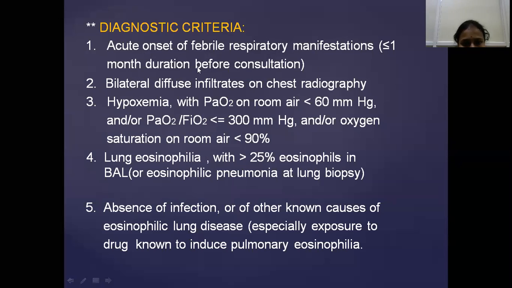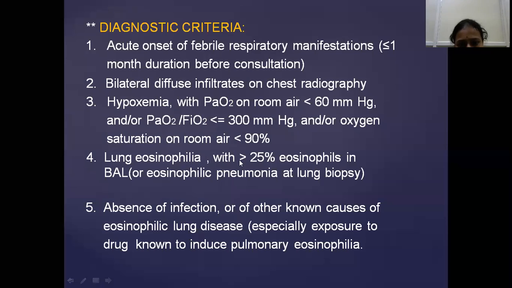And eosinophilic pneumonias, that is bilateral diffuse infiltrates on chest radiograph, bilateral involvement, and hypoxemia, acute presentation. Hypoxemia with PaO2 on room air less than 60 millimeters of mercury, and PaO2 by FiO2 less than or equal to 300, and oxygen saturation on room air less than 90%.